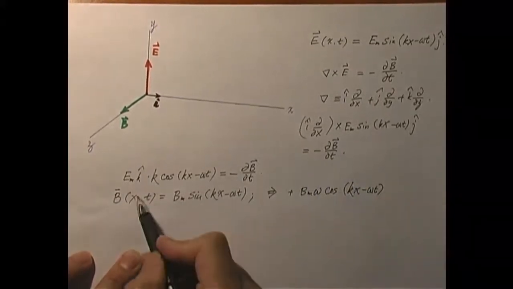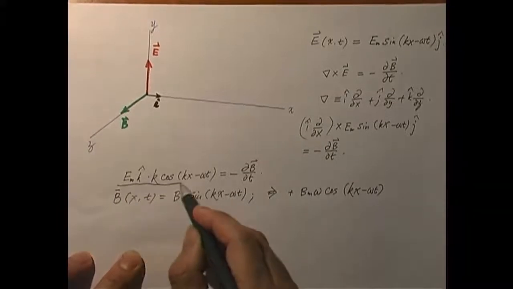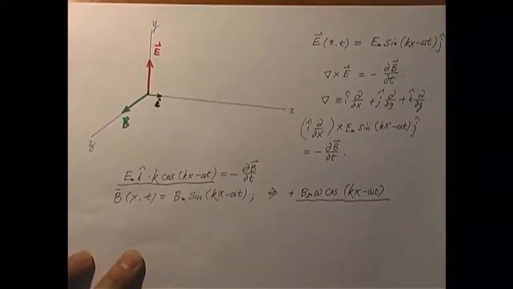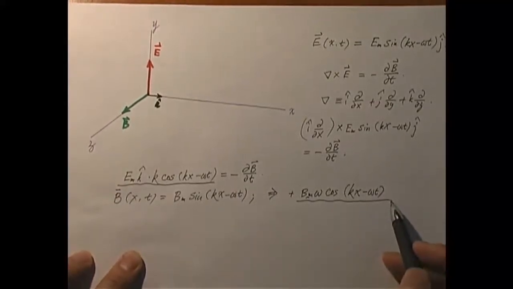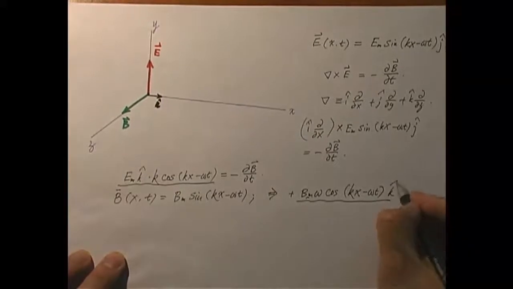So this is the left hand side, and that is the right hand side. They should be equal. You have cosine kx minus omega t on both sides, so that nicely cancels out. So they're both in the z direction.